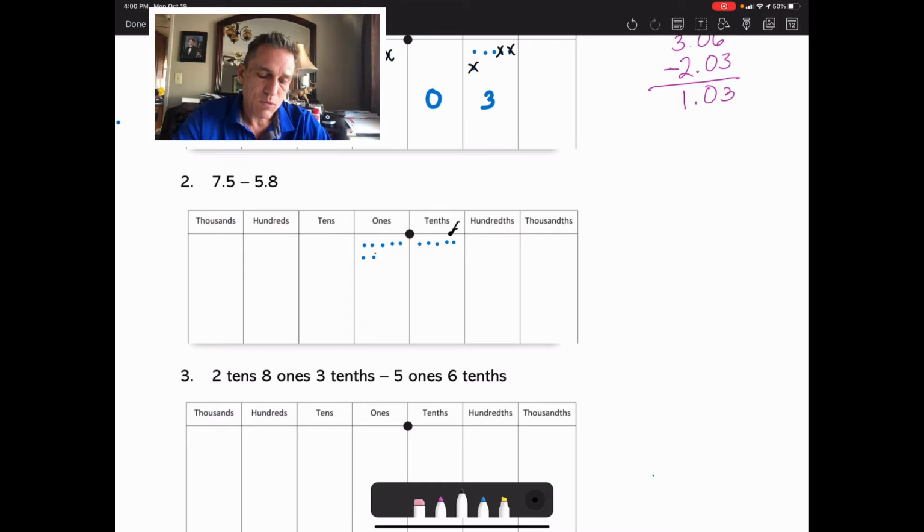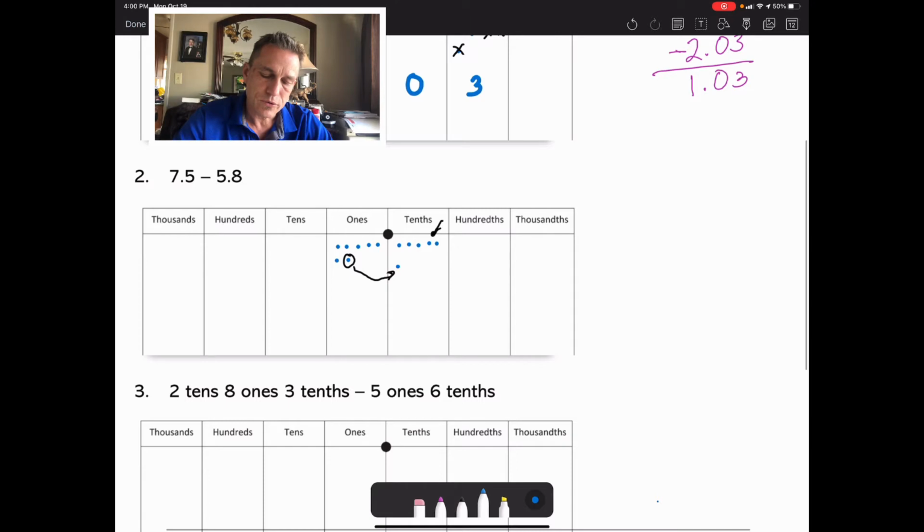So I'm going to take one of these ones, and I'm going to unbundle it into 10 tenths. 1, 2, 3, 4, 5, 6, 7, 8, 9, 10. So this no longer exists over here. And now I have enough tenths that I can take away 8 of them.